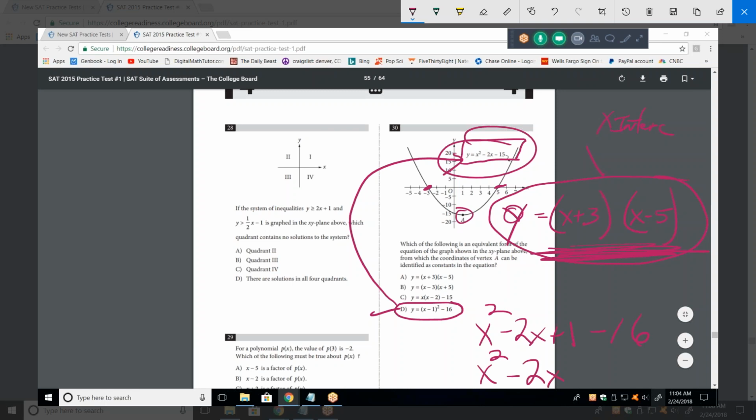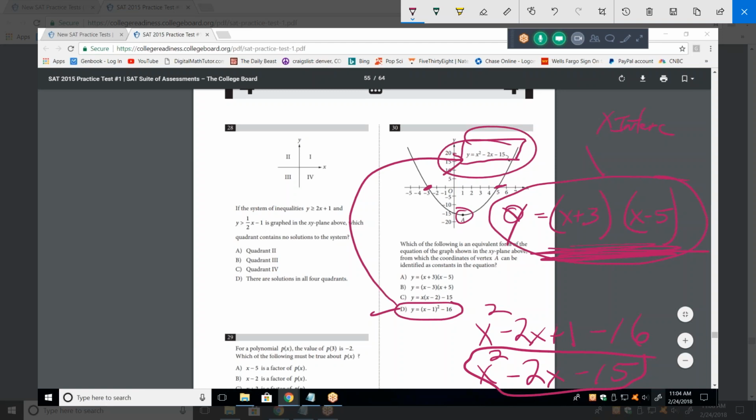Now, the real proper way to do this would be to complete the square and get it in vertex format, but in all honesty, the moment I understood the question, I didn't even need to consider the first three answers.